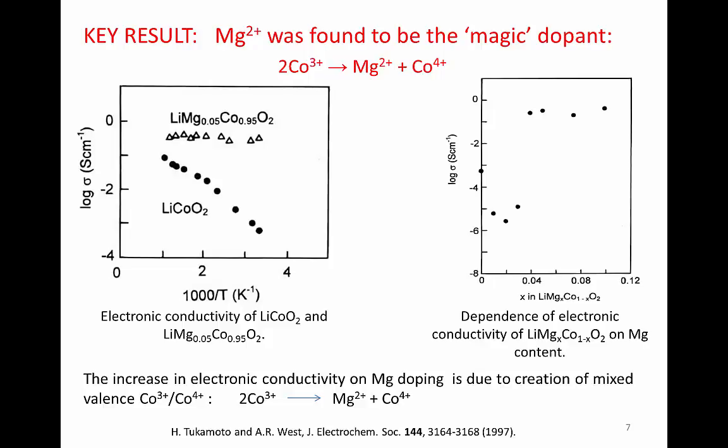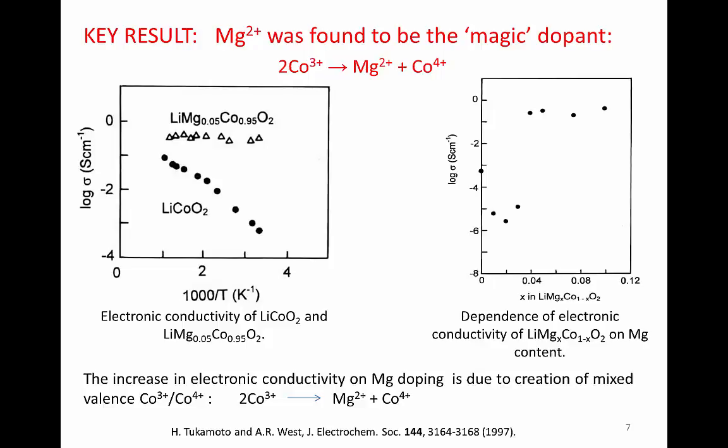But if we substitute in the crystal lattice 2 cobalt ions with a charge 3+ by 1 magnesium and 1 cobalt 4+, then we have both mass balance because we've replaced 2 ions by 2 other ions, and we've got also charge balance because we've got 6+ with 2 cobalt 3+s and 6+ with a magnesium 2+ and a cobalt 4+.